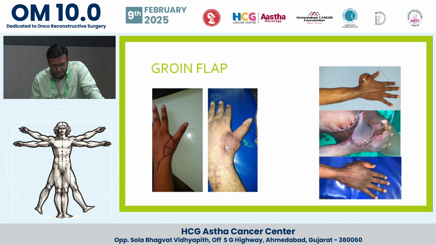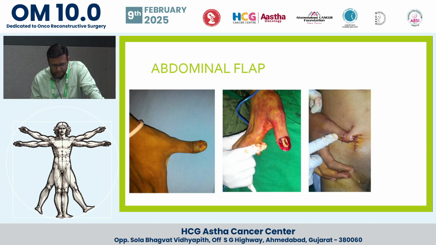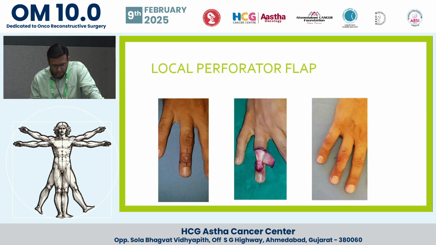Another recurrent case, where there is recurrence and radiation, then sometimes we have to go for distant flaps, like the groin flap, reliable flaps. It is also very useful in the armamentarium for sarcoma resection. Small defects are covered with an abdominal flap. Cross finger flap.